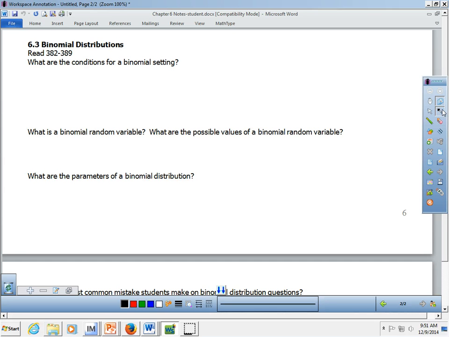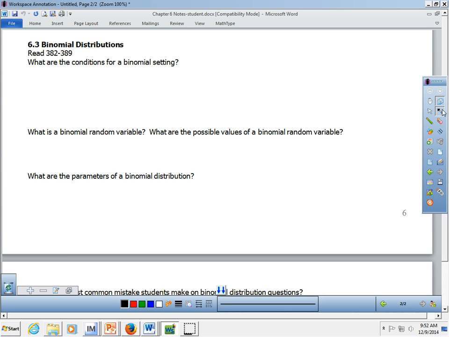We're going to continue talking about random variables, and in particular, tonight talk about what are called binomial random variables. So we need to recognize binomial settings.